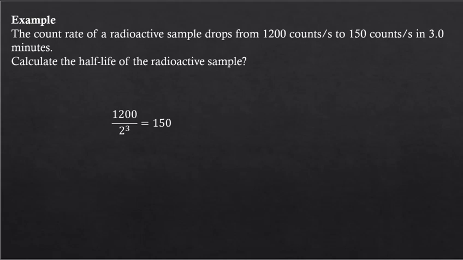So essentially the aim is to find the number of half-lives in 3 minutes. So here we have our 3. So it means 3 half-lives is equal to 3 minutes. 1 half-life is 1 minute.